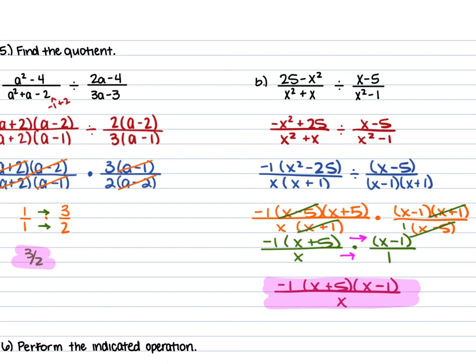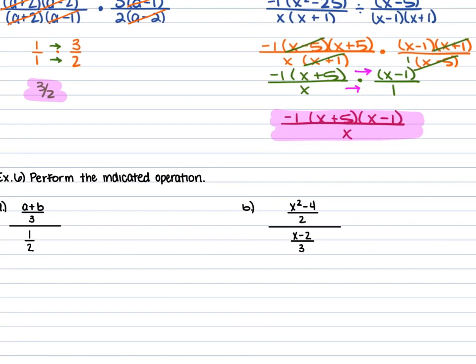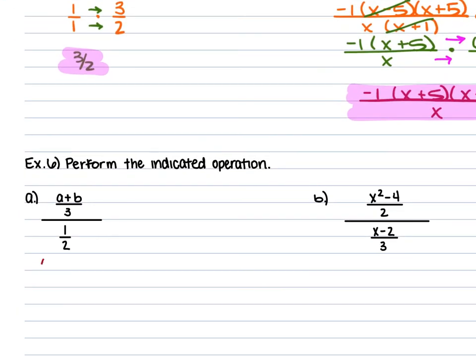For the next set of examples within this lesson, you are going to be looking at these division problems a little differently. For example 6a, we have a plus b over 3 all over 1/2. This means the same exact thing as a plus b over 3 divided by 1/2.